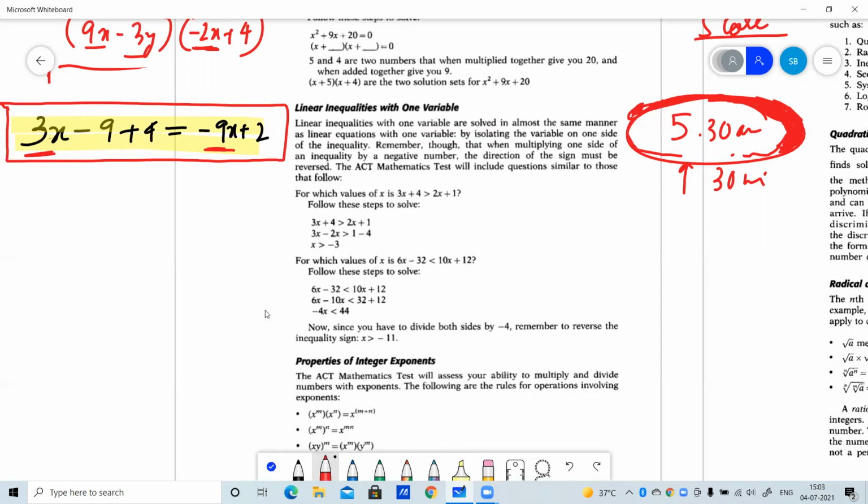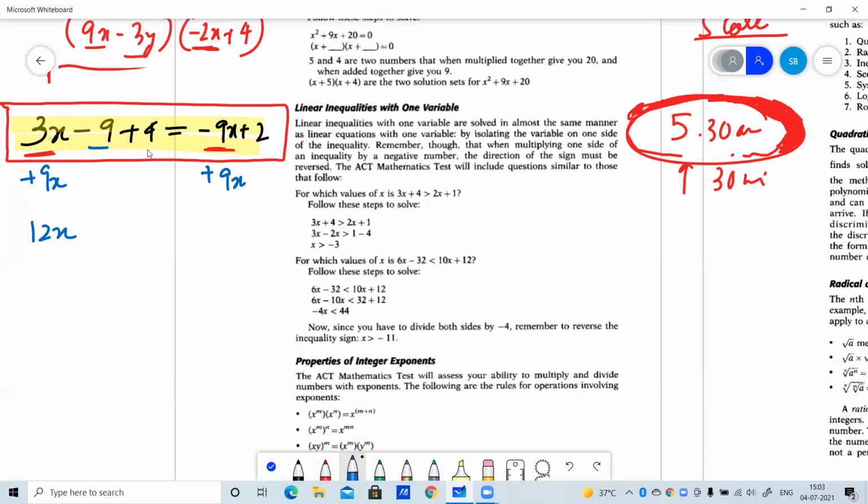In order to put them on the left side, we need to eliminate this negative 9x on the right side. How can we? Add it. So how much should that be? 3x plus 9x is 12x.